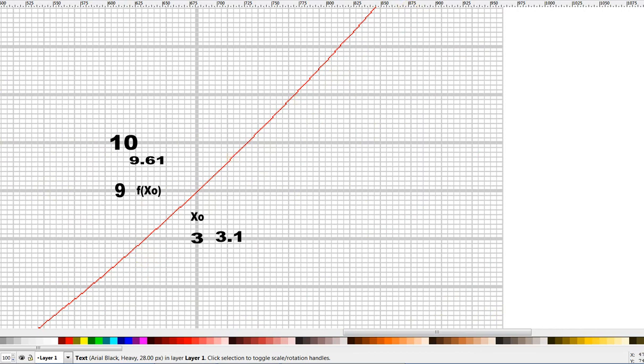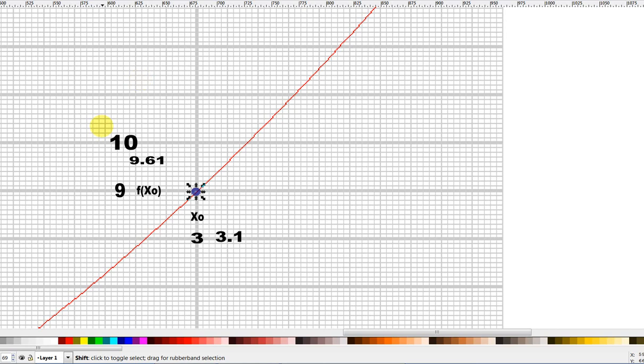Let me plot a couple of important points here. Here's our initial guess. All right, and I'm going to make that a little bit smaller so we can really focus on exactly what's going on here. And let me make our initial guess blue.